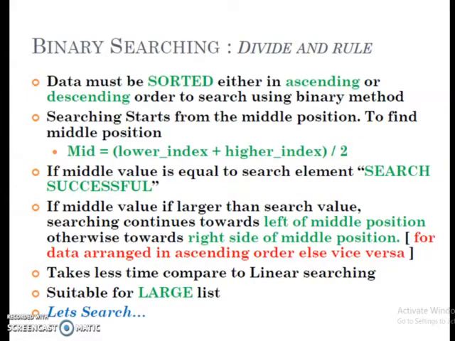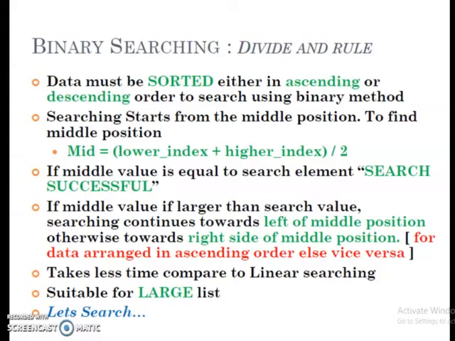Then if the middle value is equal to the search element, then the search is successful. If the searching element is lesser than the middle element or greater than the middle element, then you need to perform the same process on one half.